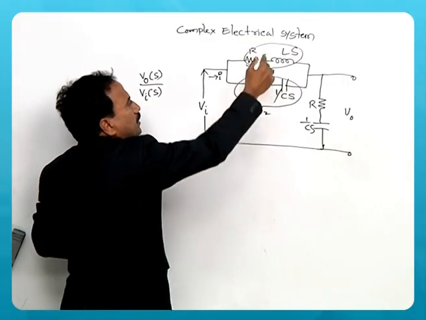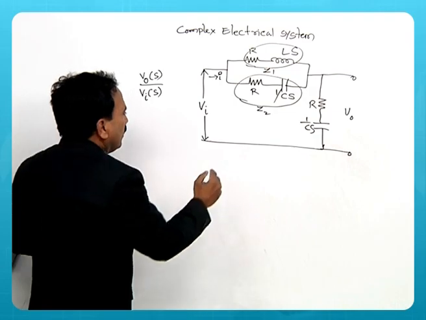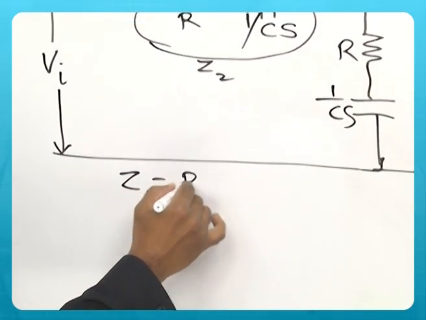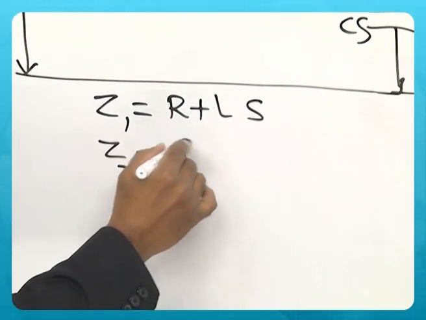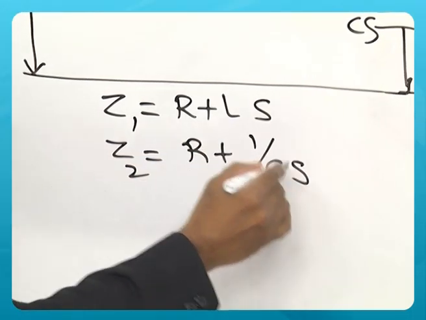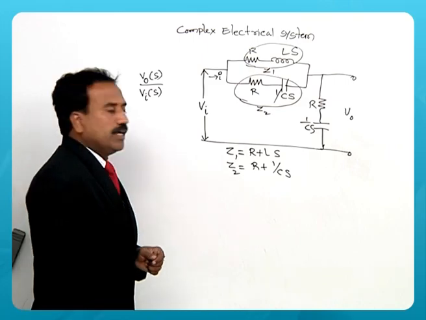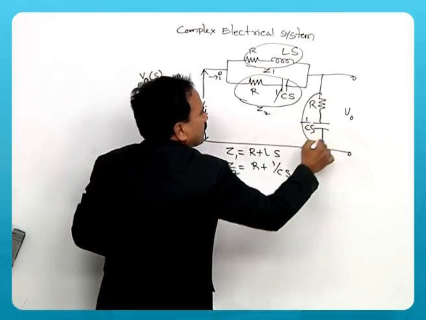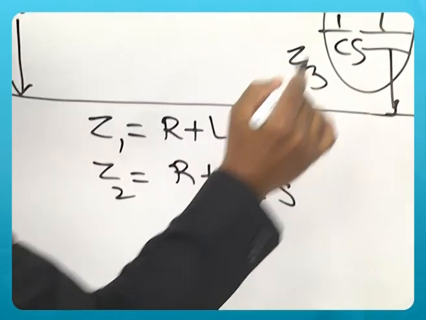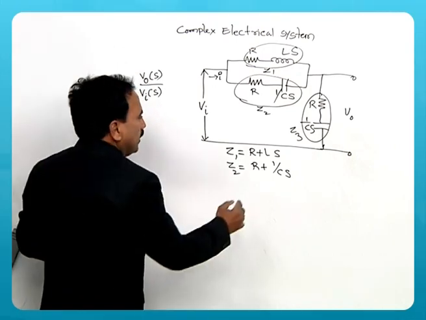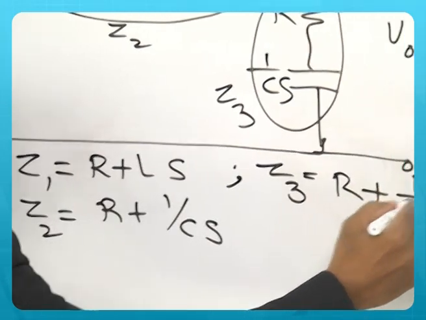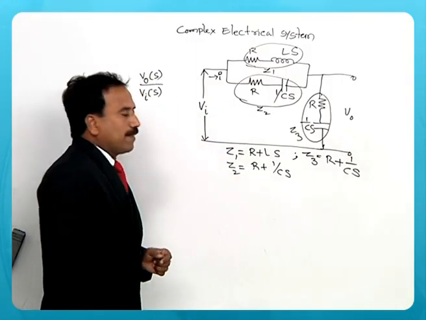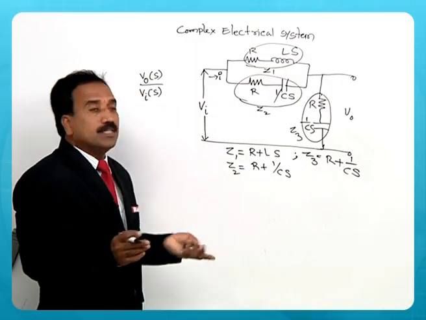I will simplify these: Z1 is given by R plus Ls, Z2 is given by R plus 1 by Cs, and consider this combination as Z3, where Z3 is equal to R plus 1 by Cs. So now all three are impedances.